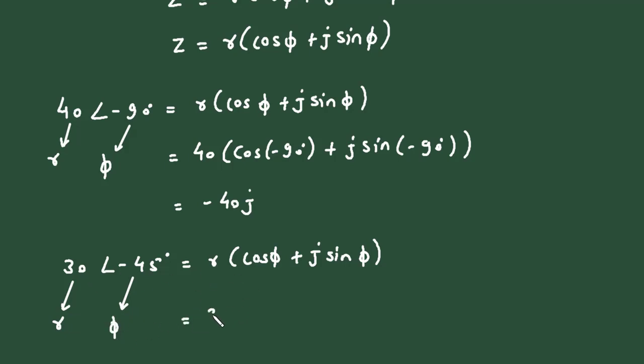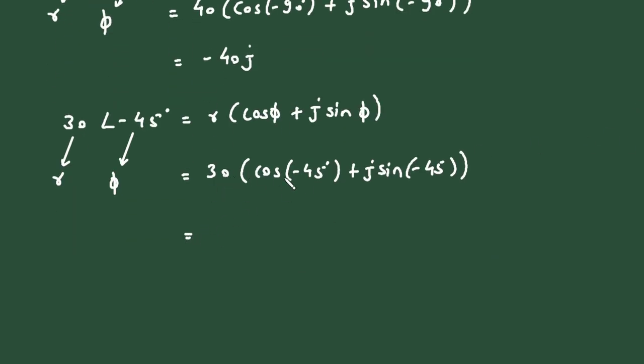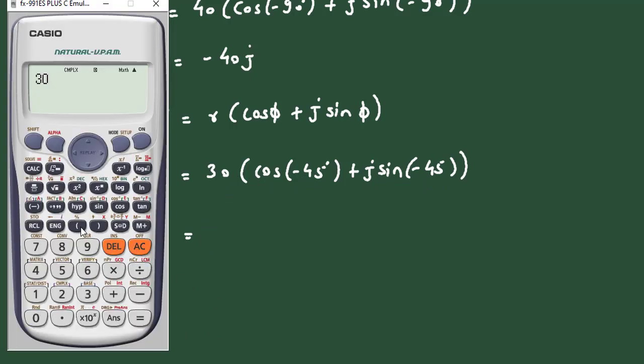So R is 30, phi is minus 45 degree. So this is 30 cos minus 45 plus J into sin minus 45.